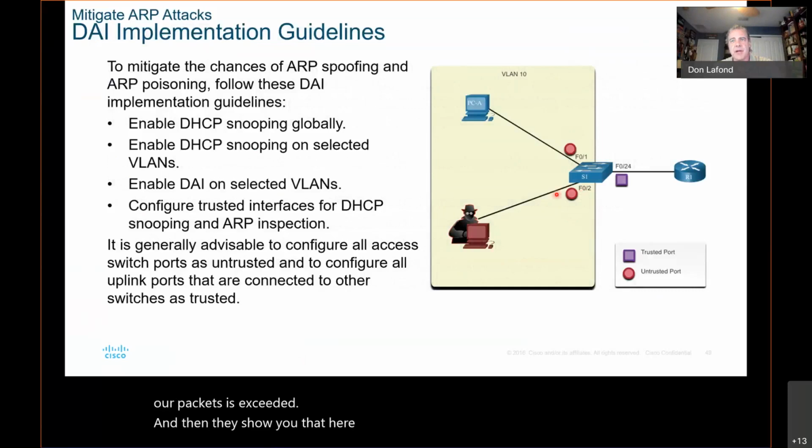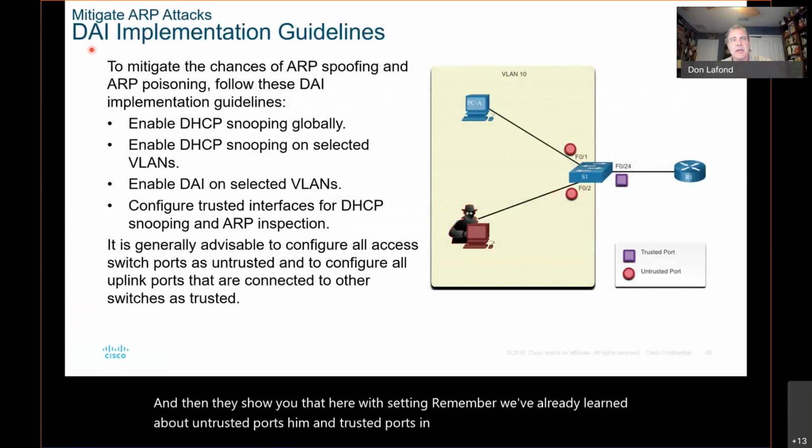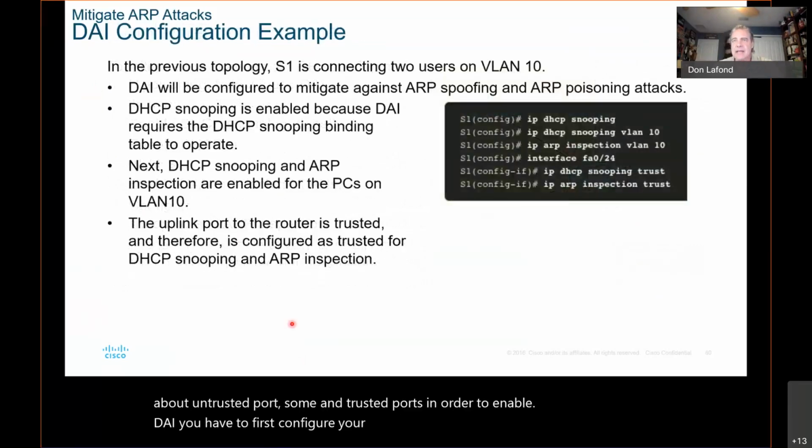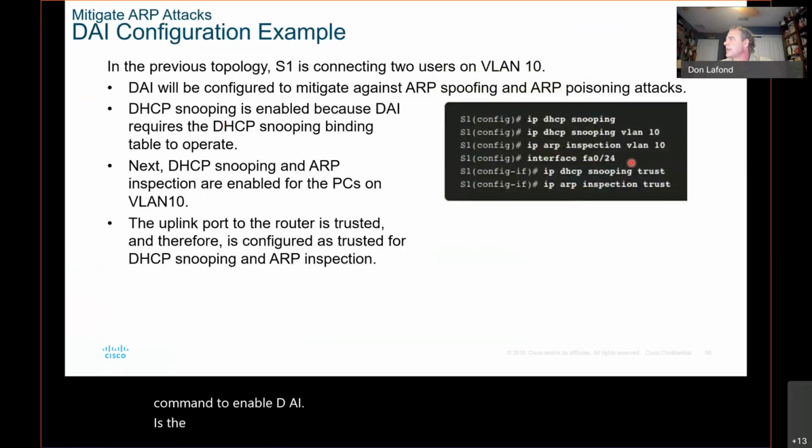Remember, we've already learned about untrusted ports and trusted ports. So in order to enable DAI, you have to first configure your DHCP snooping, and then the command to enable DAI is ip arp inspection vlan 10, and ip arp inspection trust.